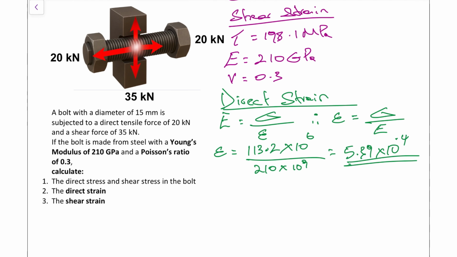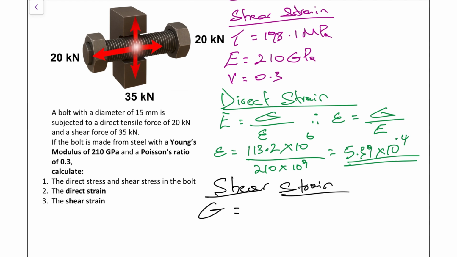Our next calculation is to understand what our shear strain would look like. This time it's not going to be across the length of the bolt, but you can consider it to be a shrinkage of the diameter in this particular instance. For shear strain, we have capital G, which represents the modulus of rigidity, or the shear modulus.